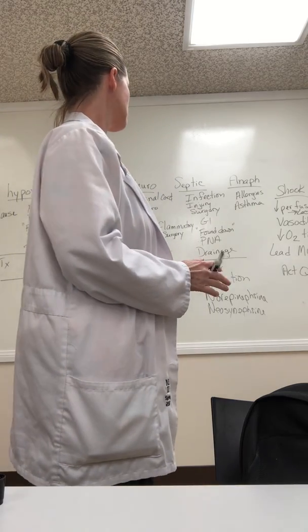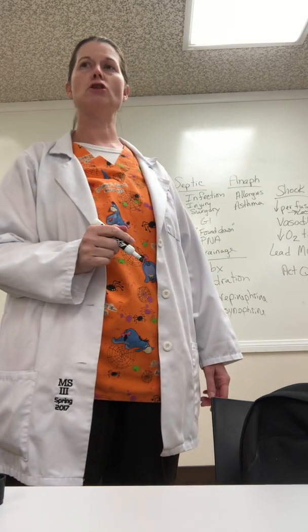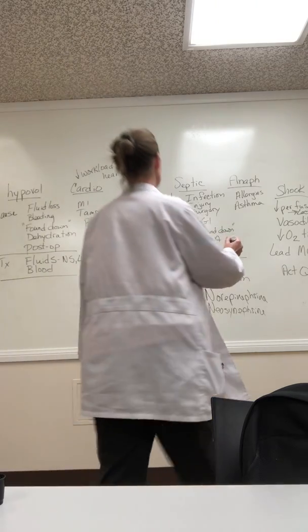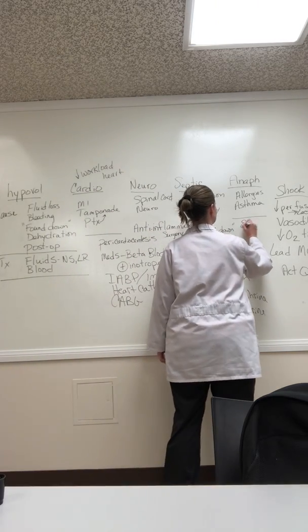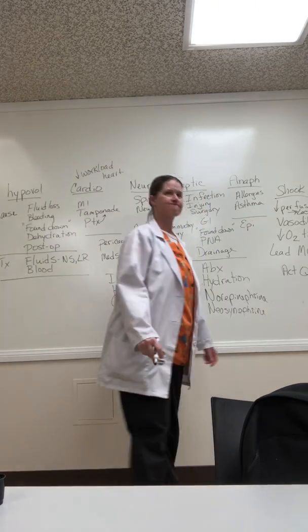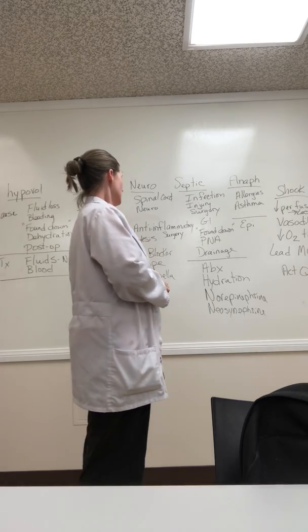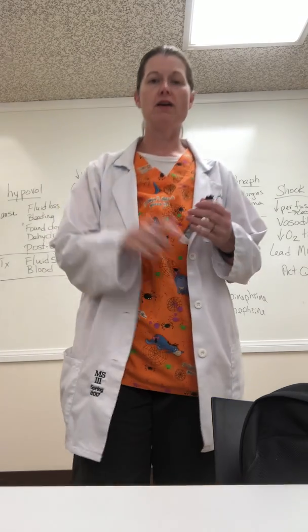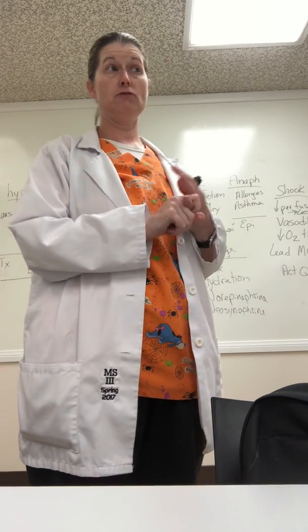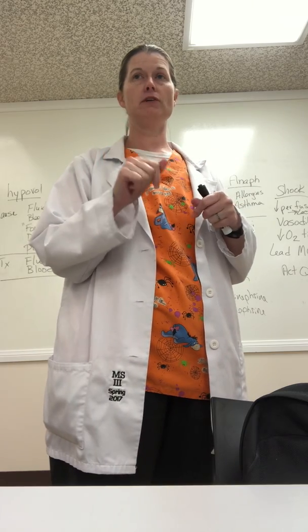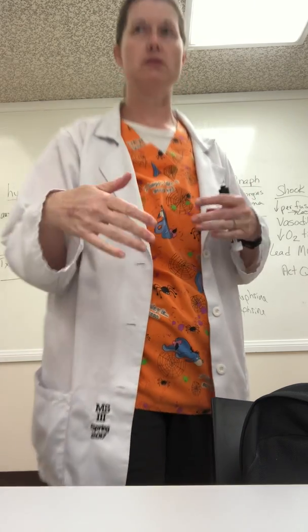Okay? How do we treat anaphylactic shock? Anti-inflammatory. Epi. Okay, so that is the causes and the treatments of shock, and then I'm going to do a different video on signs and symptoms and whatnot.